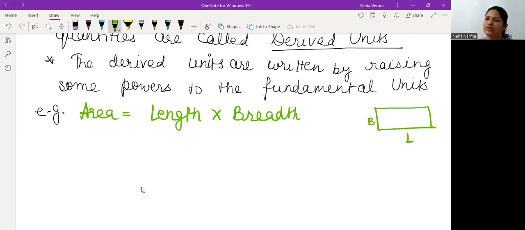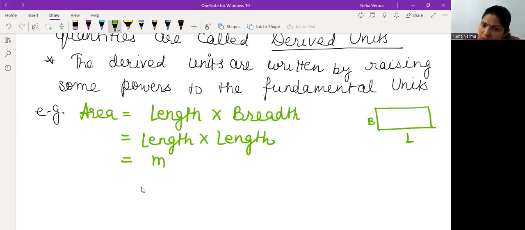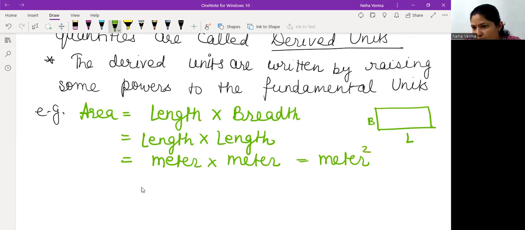Then the area will be L into B. But breadth is also a length, and we just read that the unit of length is meter. So the unit of area is meter square, or m square. So area is a derived quantity whose unit can be calculated by raising the fundamental unit length to the power 2.